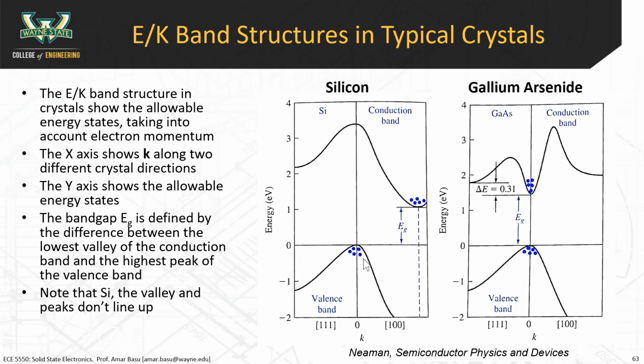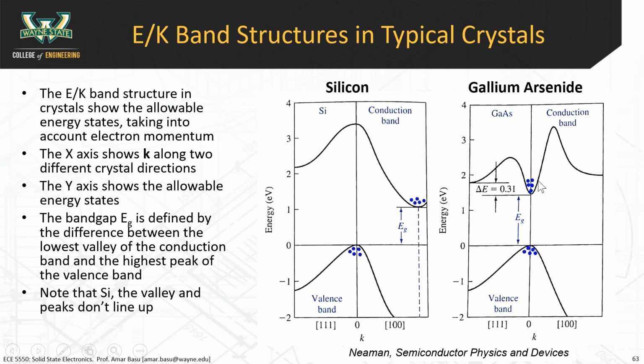In a direct bandgap semiconductor, like gallium arsenide, this is what the band structure looks like. It also shows the 1, 0, 0 direction and the 1, 1, 1 direction. It still has a band gap, but what's interesting is that the bottom of the conduction band lines up with the top of the valence band.